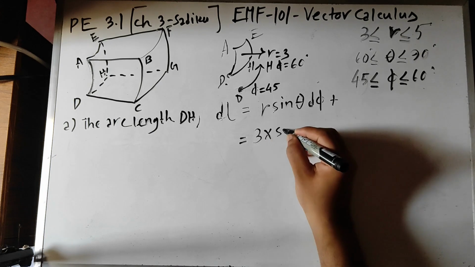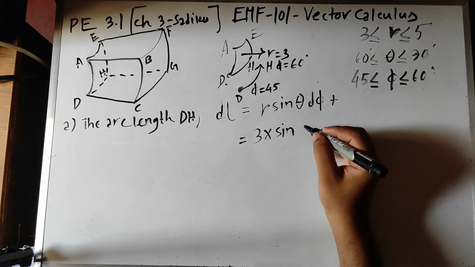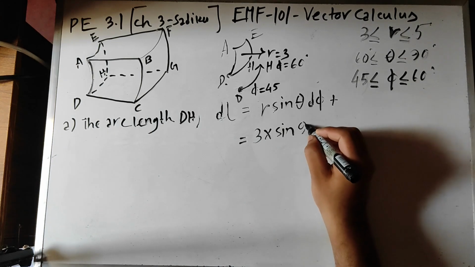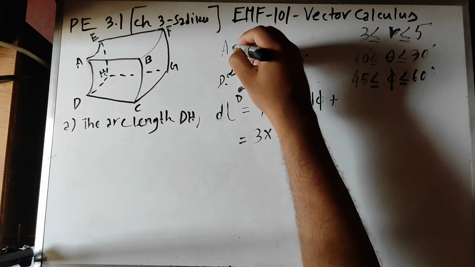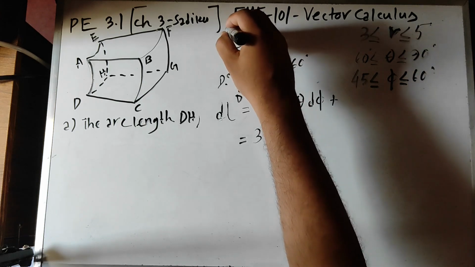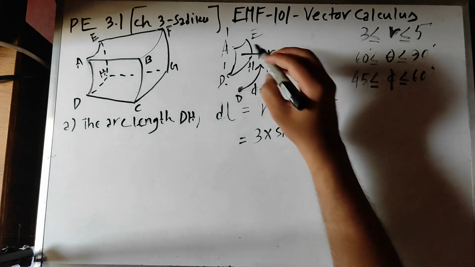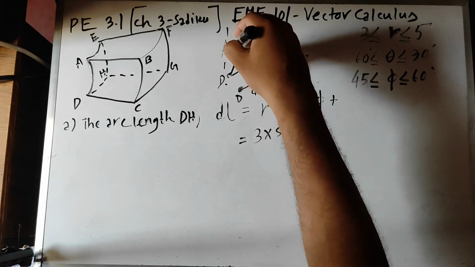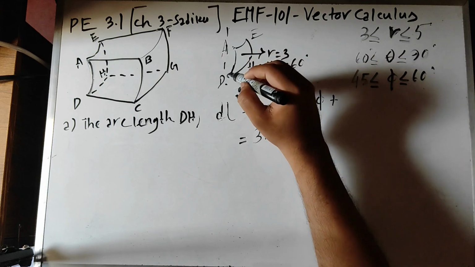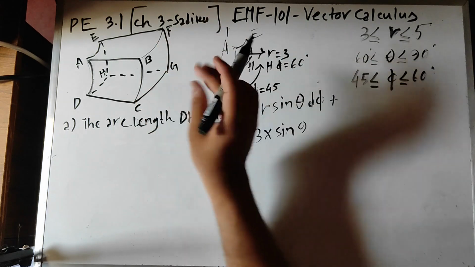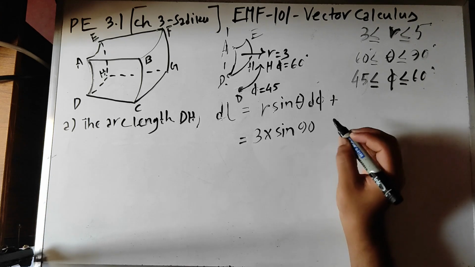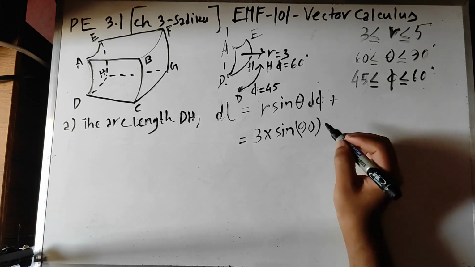3 cross sine theta. So here theta is 90 degrees. Theta by reference here is 60, and after traveling from A to D, after rotating, it becomes 90. So theta is 90.